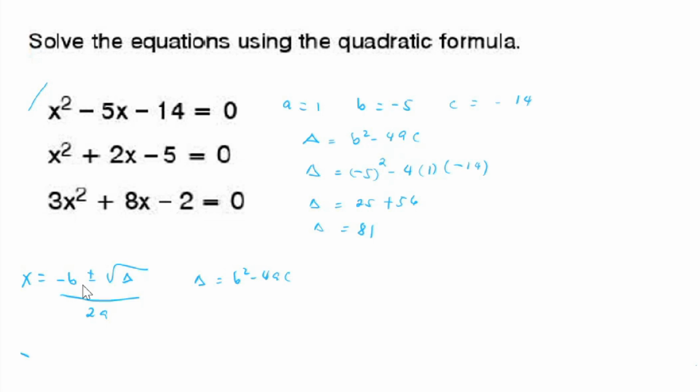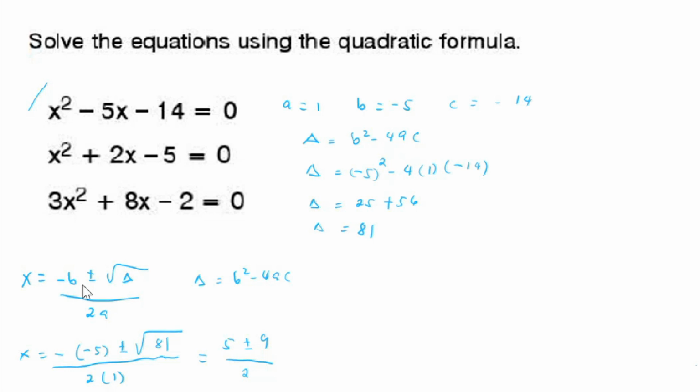By substitution, we have x equals the negative of negative 5, plus and minus the square root of 81, the discriminant that we solved earlier, all over 2 times 1. The negative of negative 5 is positive 5, plus and minus the square root of 81, which is 9, all over 2 because 2 times 1 is 2.